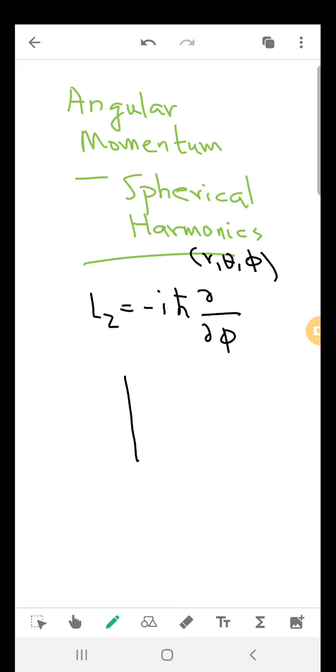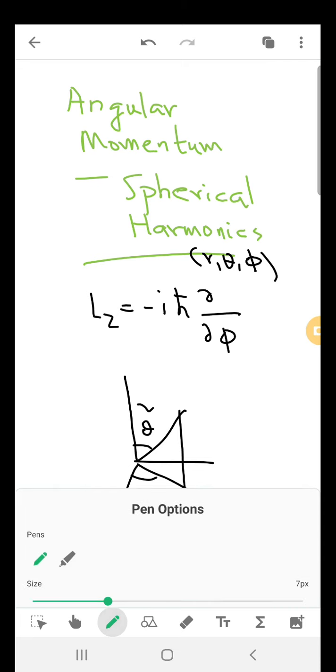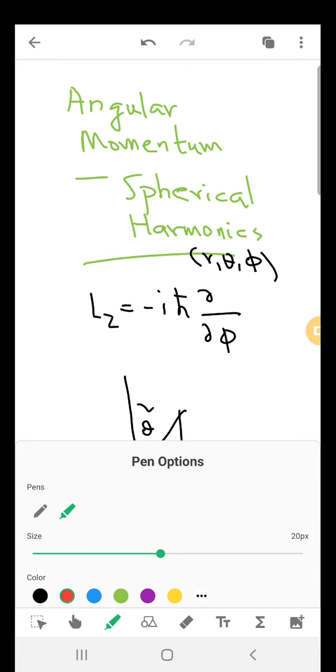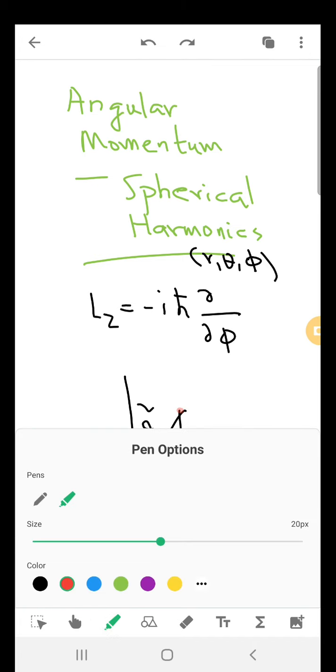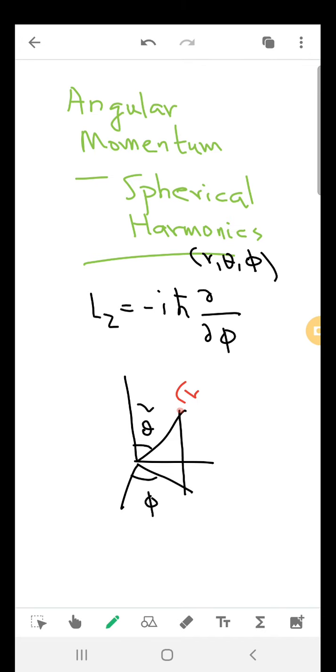That means we take the x, y, z coordinates. This is r, this is theta, and this is phi. So the point P here is at r, theta and phi. This is how the z component of the angular momentum is written.